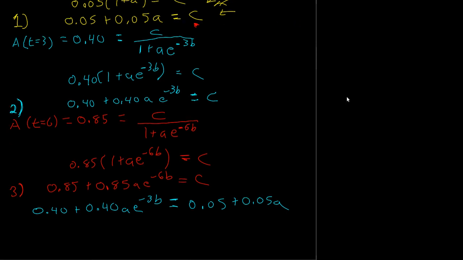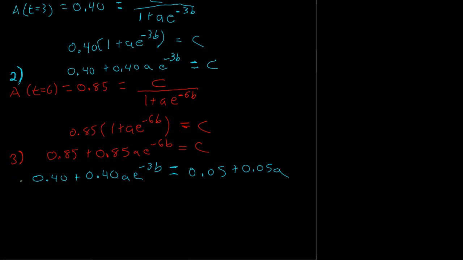So what I'm going to do for right now is just clean this up a bit. I'm going to get all of the numbers on one side and all of the variables on one side. And this is kind of backwards to how I want to write it. I want my numbers to be positive. So I'm going to subtract 0.05 from 0.40.